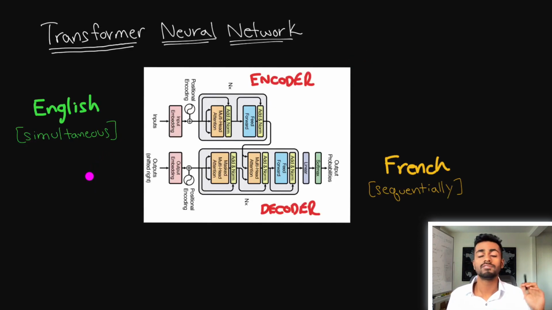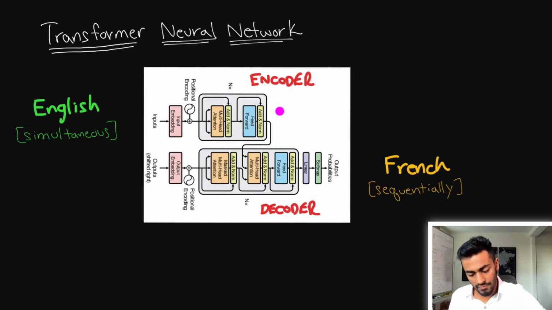Now let's talk about transformer neural networks. Transformer neural networks are a sequence-to-sequence architecture that takes in a sequence and outputs another sequence. Sequences in this case can be a sequence of words for language. The transformer architecture consists of two parts, an encoder and a decoder. In order to do a translation from English to French, it will take all the words of the English sentence simultaneously.